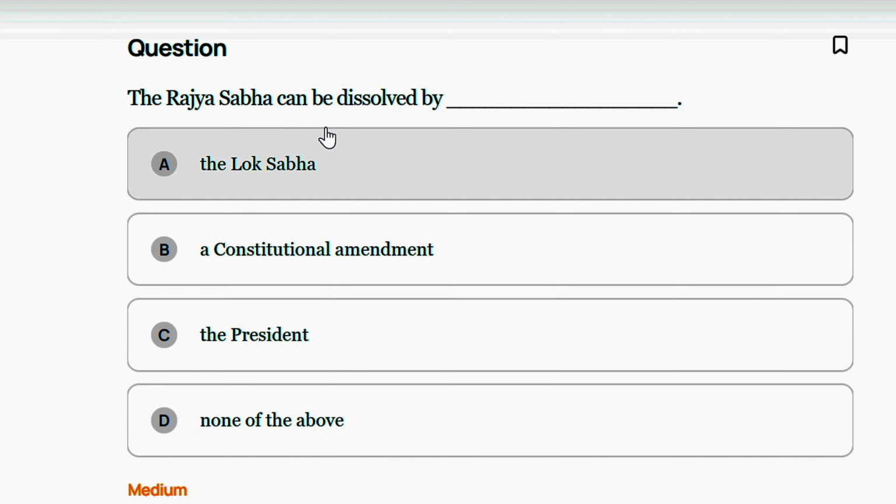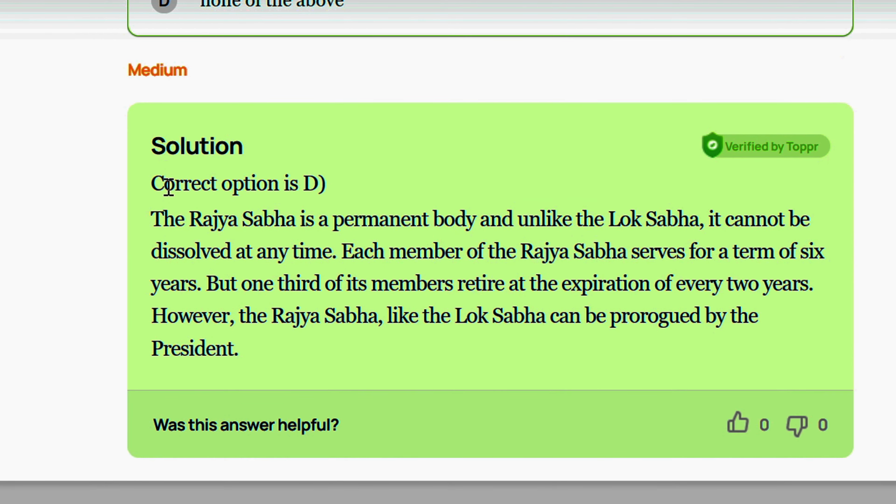The Rajya Sabha can be dissolved by: the Lok Sabha, constitutional amendment, the president, none of the above. This one, none of the above. So actually, the Rajya Sabha is a permanent body. So the correct answer is D. The Rajya Sabha is a permanent body, and unlike the Lok Sabha, it cannot be dissolved at any time.